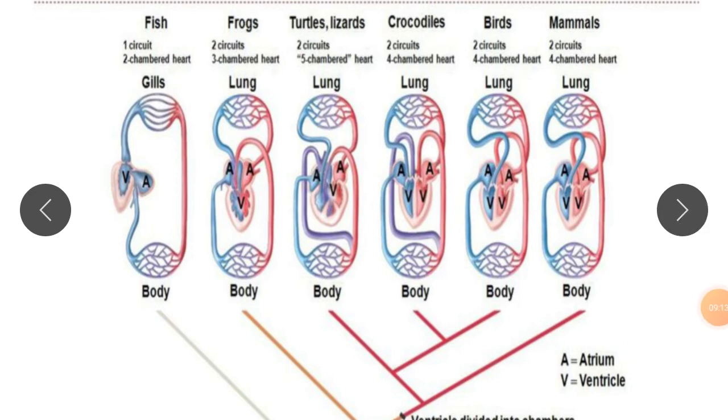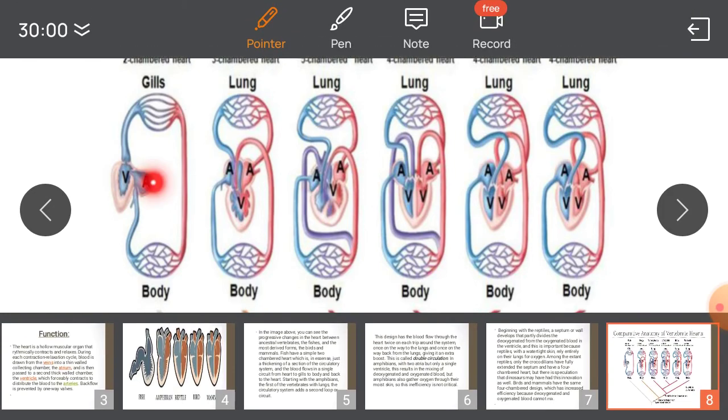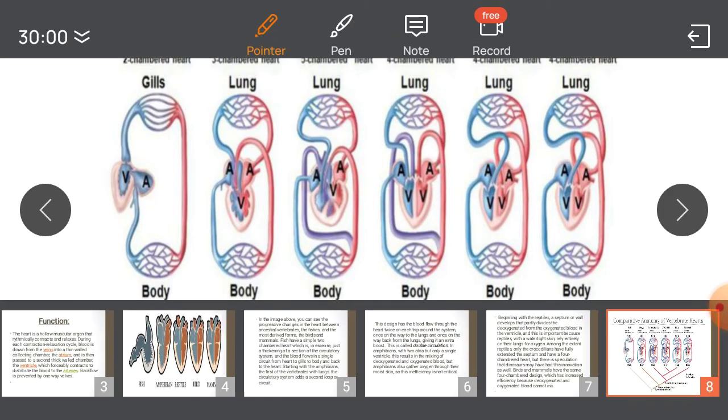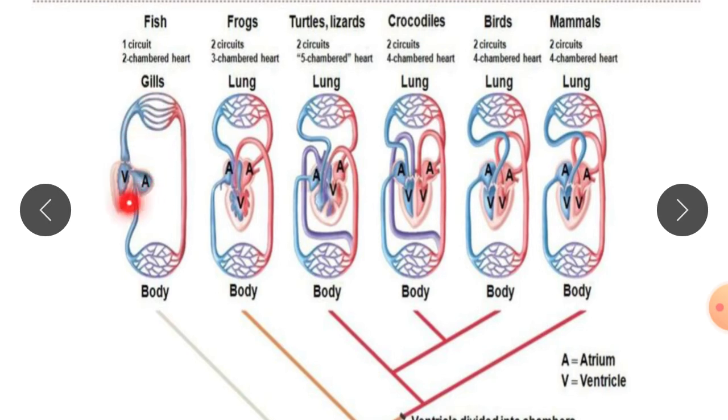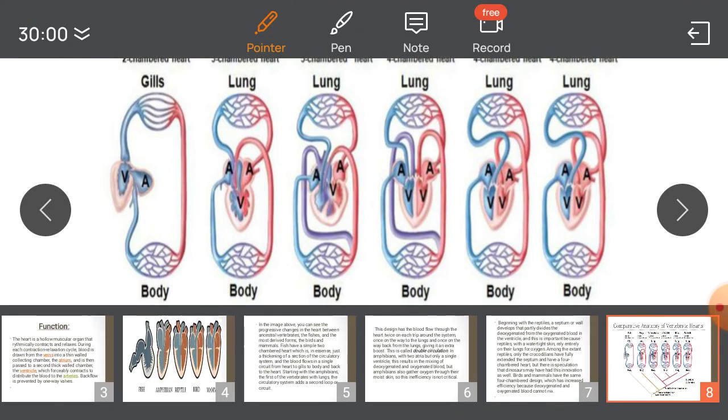So fish has only two chambers, auricle and ventricle. The auricle receives deoxygenated blood from the gills. It goes to the ventricle, then to the gills.